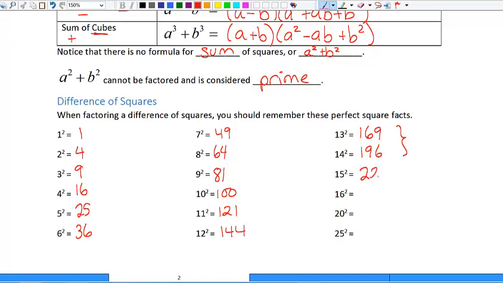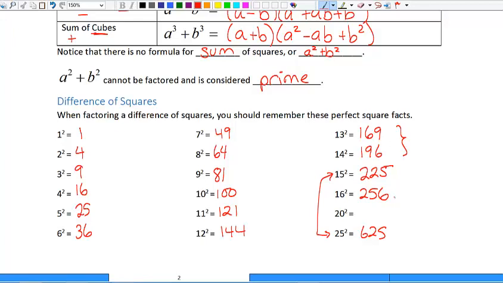15 squared is 225, it comes up an awful lot. 25 squared, the last one, is 625. I memorized these two together. 15 is 225, 25 is 625. 16 squared comes up an awful lot as well. That's 256. You might remember that because you usually see it on your computers, like 256 megabytes or kilobytes or processing speed or whatever. 256 is one of those computer numbers.